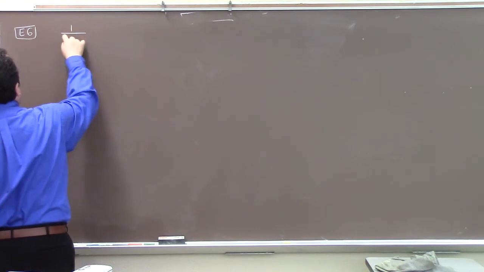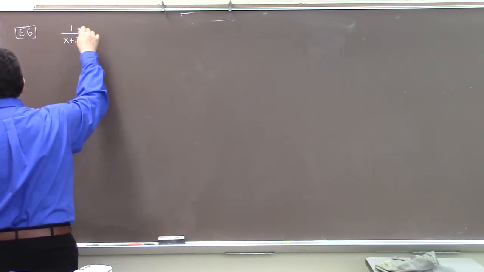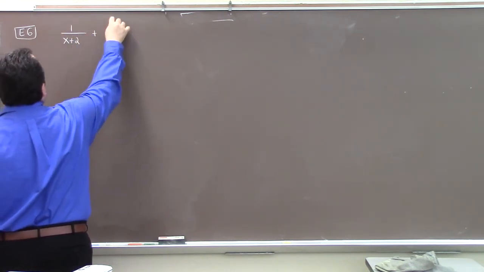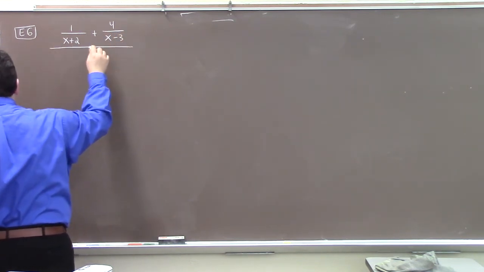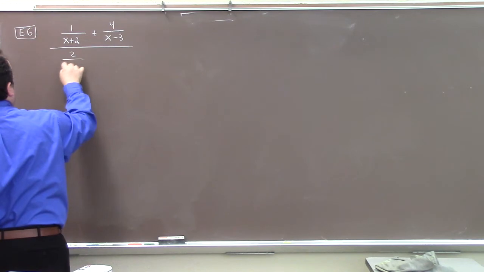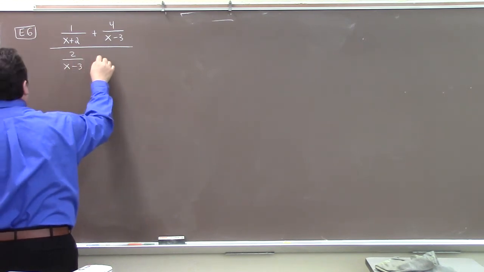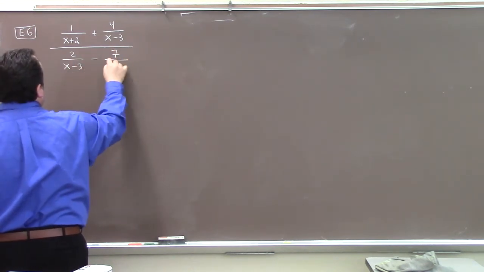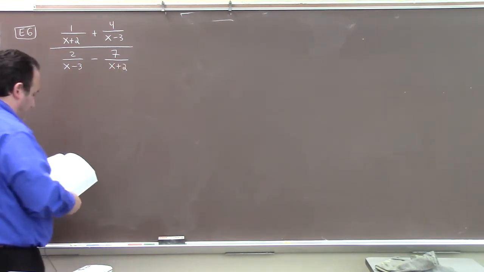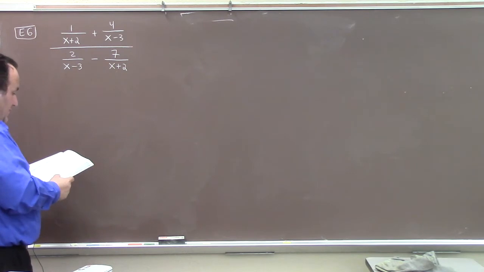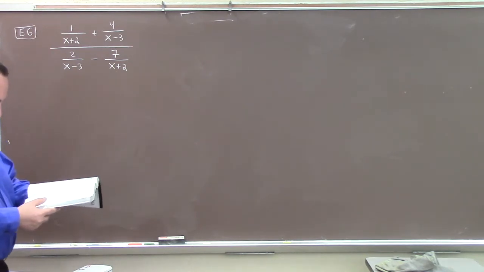So 1 over x plus 2 plus 4 over x minus 3, divided by 2 over x minus 3 minus 7 over x plus 2. This is like number 23 from section 5.4.